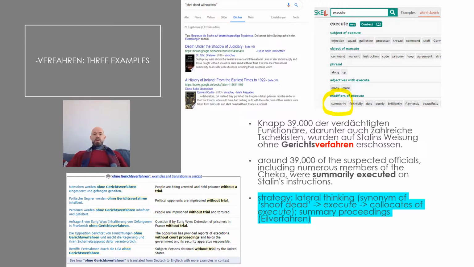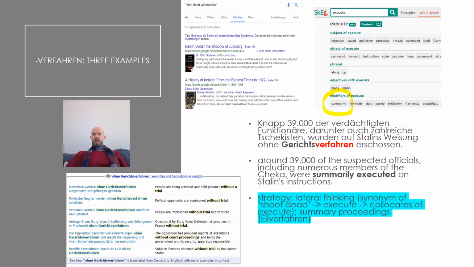You could also search through Linguee or Reverso.net, for instance, for potential equivalents, and you would always find trial or court proceedings. However, of course, you could then check that against Google Books again and translate it literally as shot dead. They were shot dead.